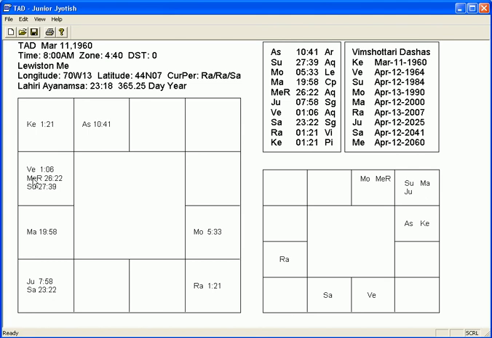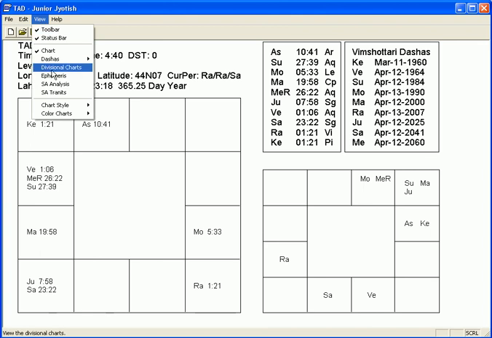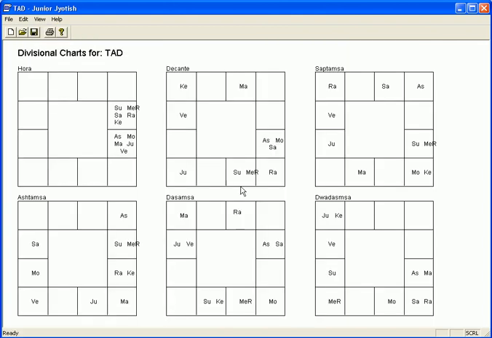Also, let's take a quick look here at her divisional chart. Medical astrologers would like to look at this particular element. This is called the Dwadasamsa. And we can see in this chart that Saturn again is over here.